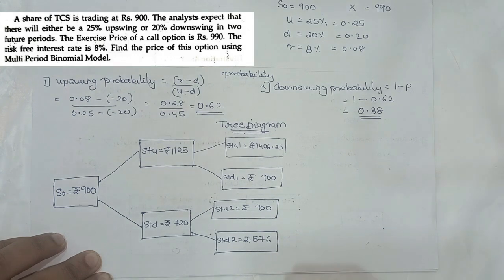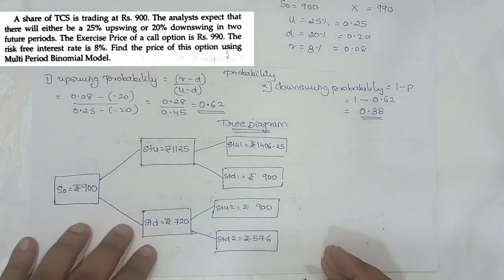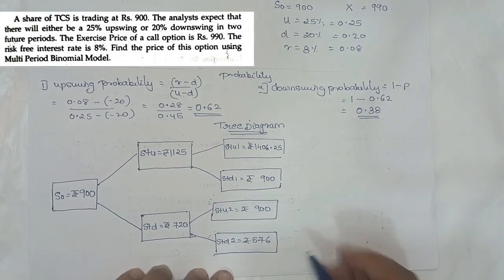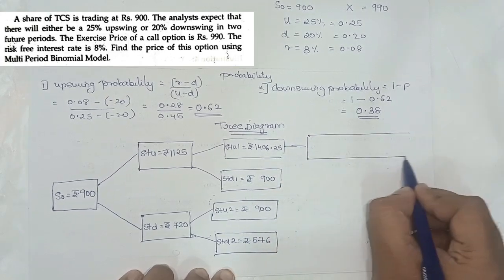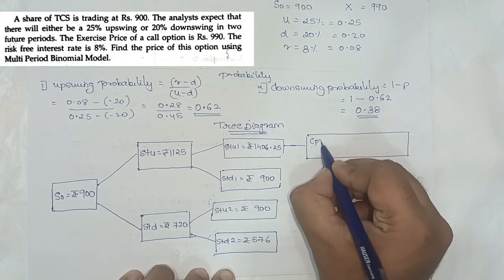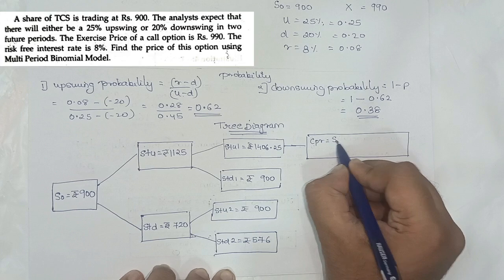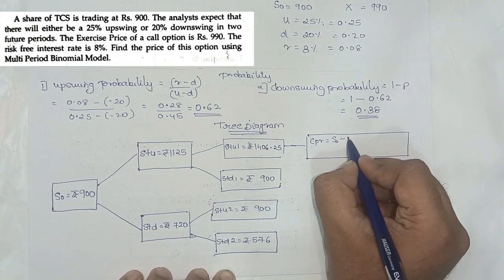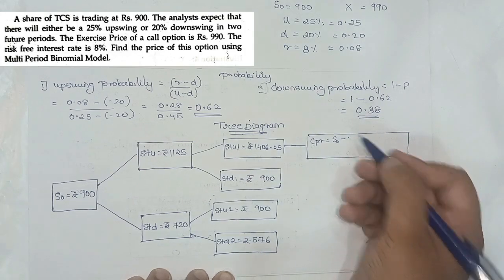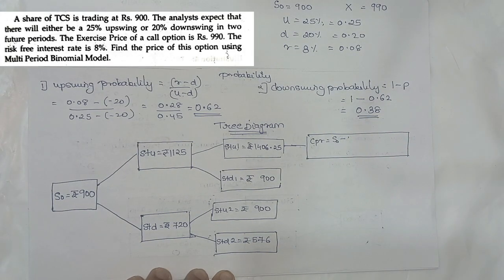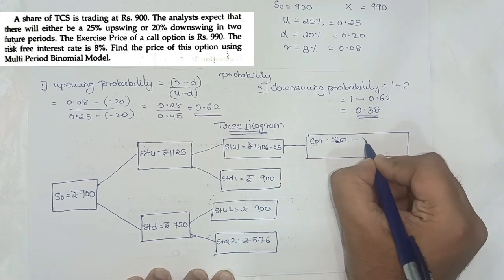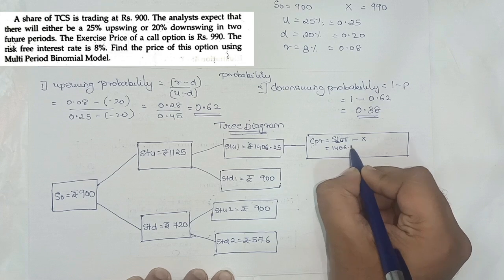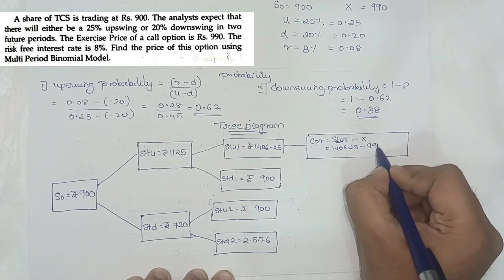Now under each case we need to find the call premium or the call profit which is available. Under the first condition, the call profit is equal to, I will take the latest formula which we had, STU1 minus X. Here it is 1406.25 minus the exercise price of 990.